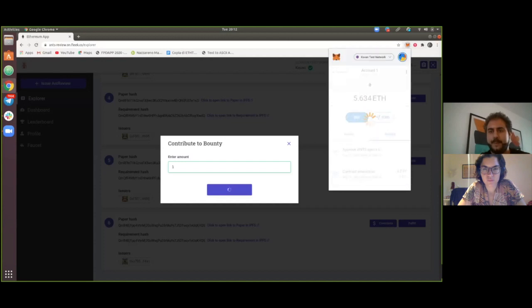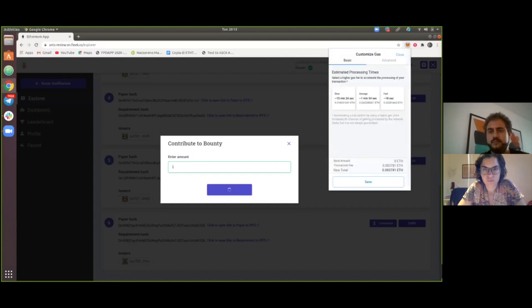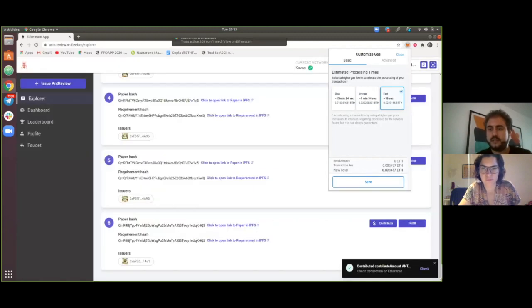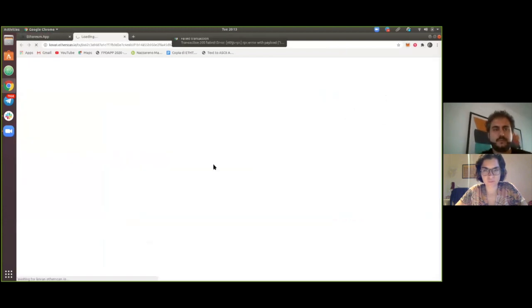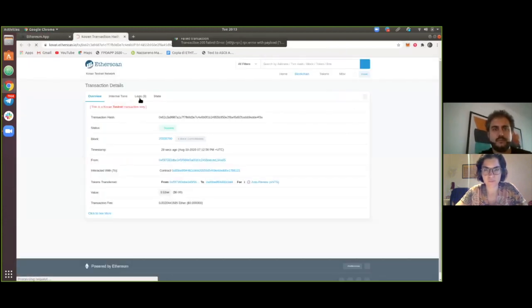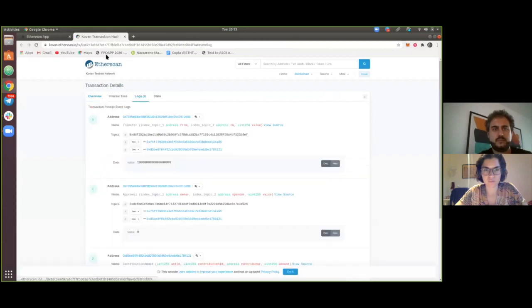So we need two transactions, one to approve the amount and the other to contribute. We can check on Etherscan. And it works.